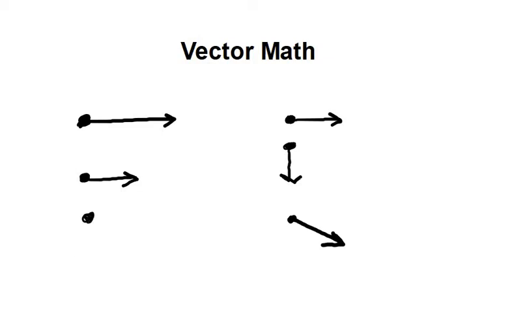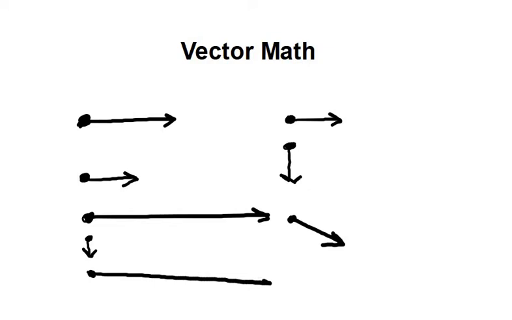I can add this vector, which has a lot of magnitude, and this vector, which has very little magnitude, and then the resulting vector would be something like that, where you'd have very little downward effect on this vector, because one vector had so much greater a magnitude than the other.